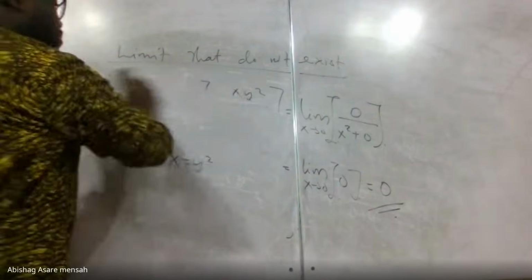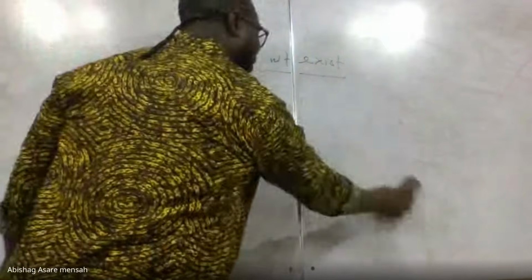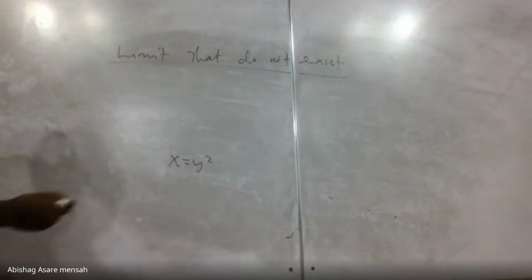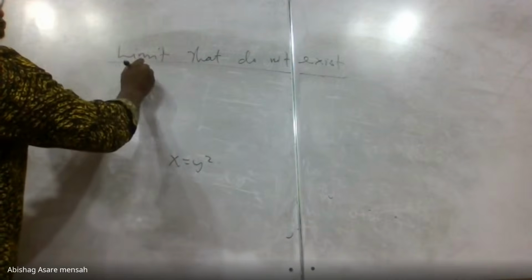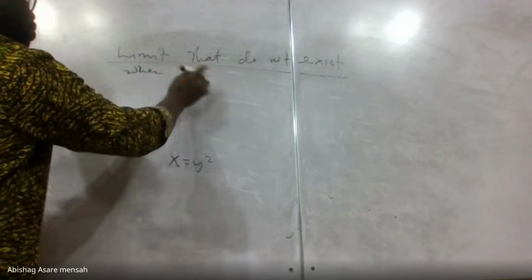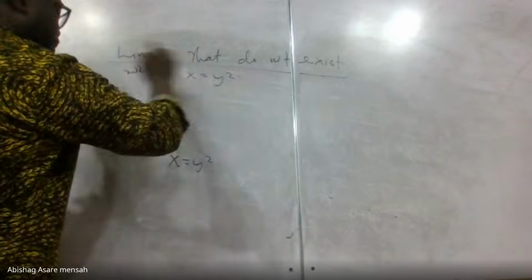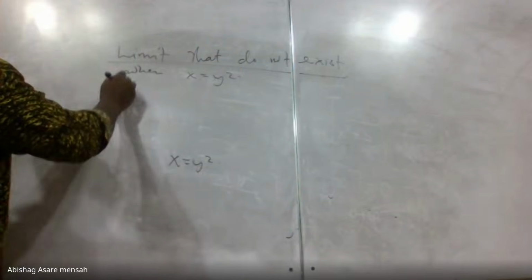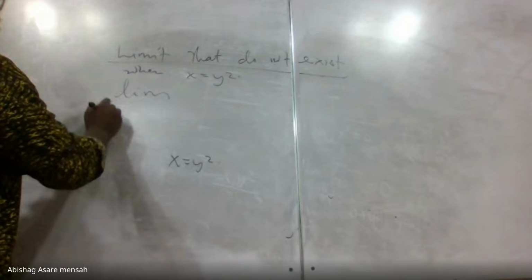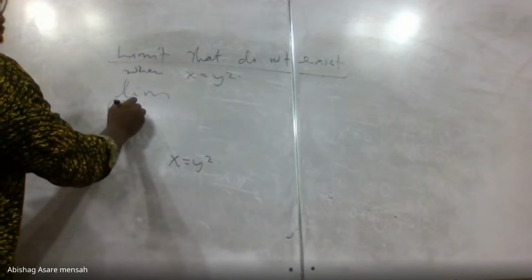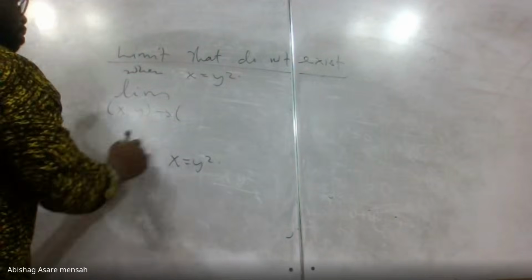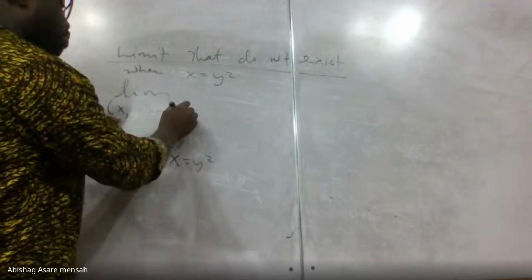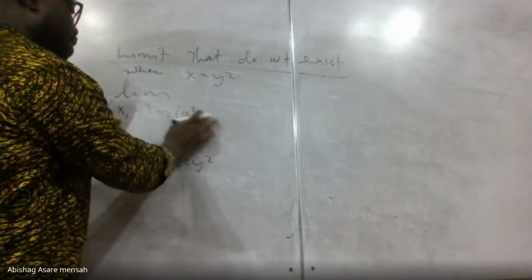So this time, when x is equal to y squared, this time we find the limits, x moving to y squared, so we have y squared, now this one to y.